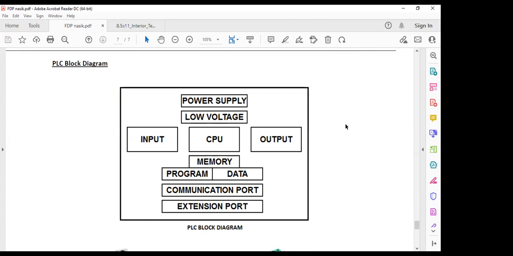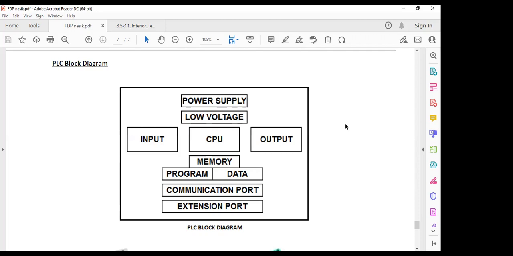PLC is an electronic digital device. Definitions you will find many on the internet. We will discuss it in the simplest way. So it is, very first, an electronic digital device which takes input and generates output according to the logic developed.